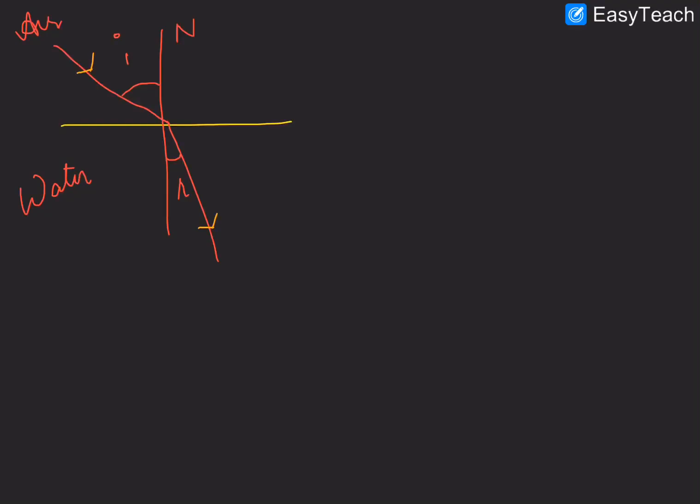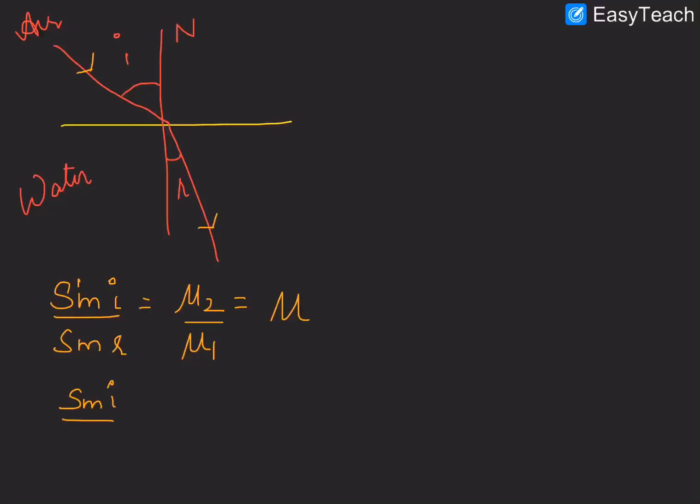Now to understand why in case of rarer to denser the ray bends towards the normal, we'll use Snell's law, which says that sine I by sine R is equal to mu2 by mu1. Now in this case, mu1 is air, that is a rarer medium, so you'll simply write it as mu. But remember, mu is always the ratio of velocity of light, because this is the refractive index mu of the denser medium.